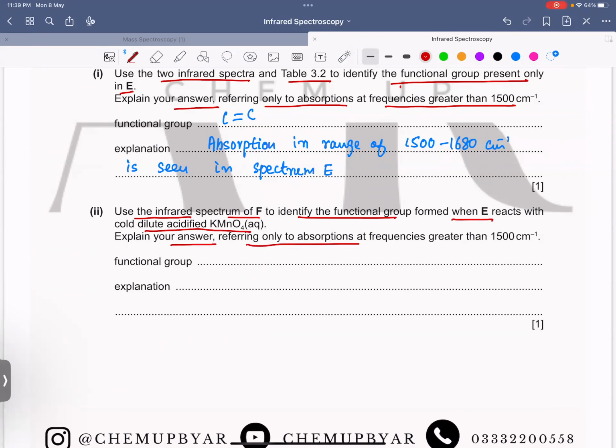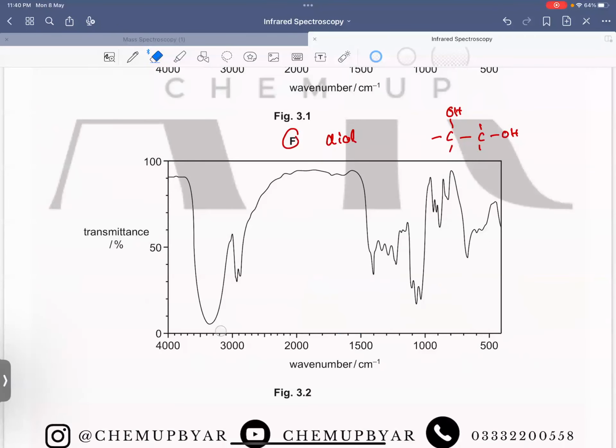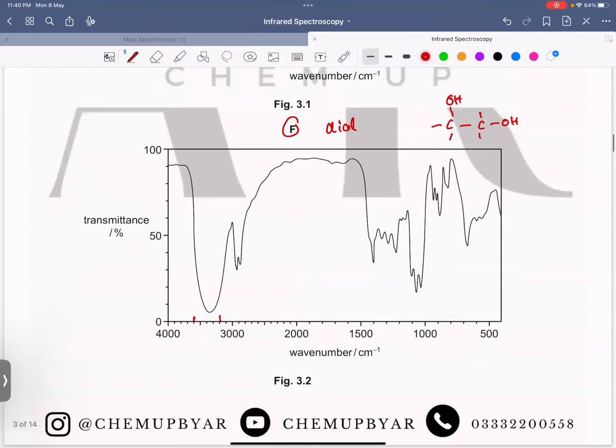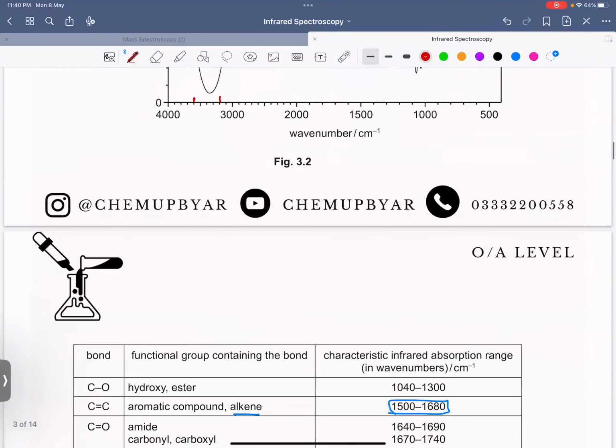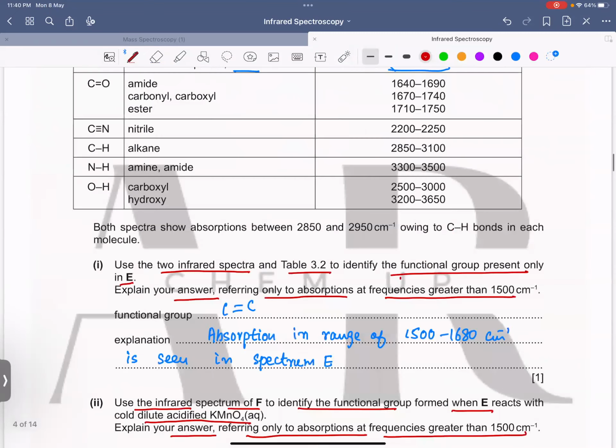So what we have decided is that it can be a diol having an OH group on both the neighboring carbons. So see, we are getting this peak from 3200 to 3600, and you can match from the table that OH of hydroxy is for alcohol, remember, and carboxyl for carboxylic acid, from 3200 to 3650.